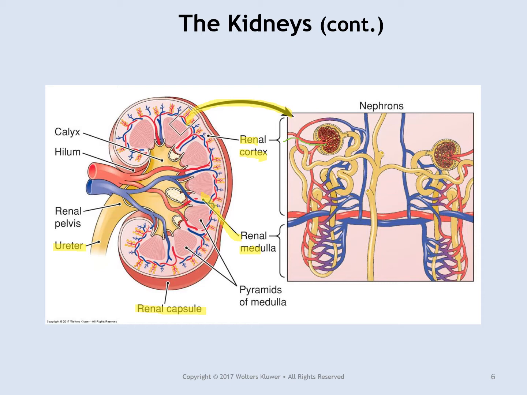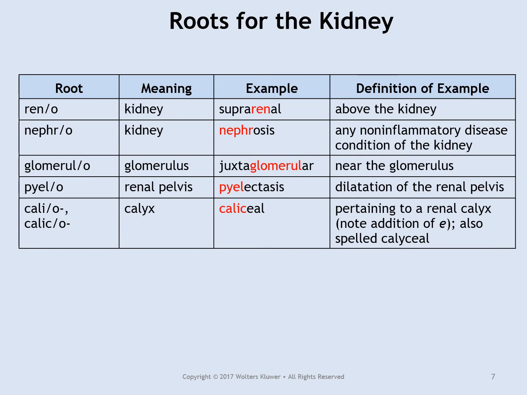The exchange of waste products occurring here, urine being formed and being drained out here, and the deoxygenated blood being collected and heading back out via the renal veins to the inferior vena cava. So here are the roots of the kidney.